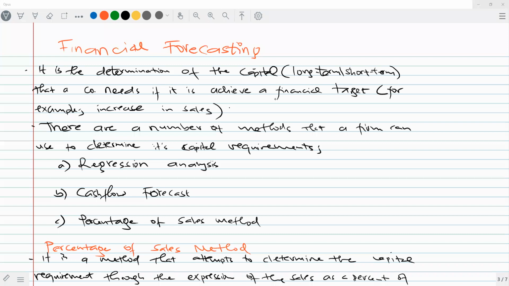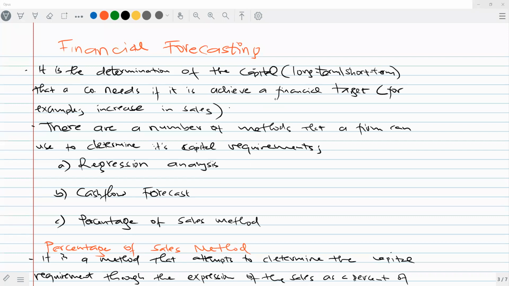Now, in the percentage of sales method, we make a comparison, assuming that the company is operating at 100% of its capacity, that is, 100% capacity utilization.